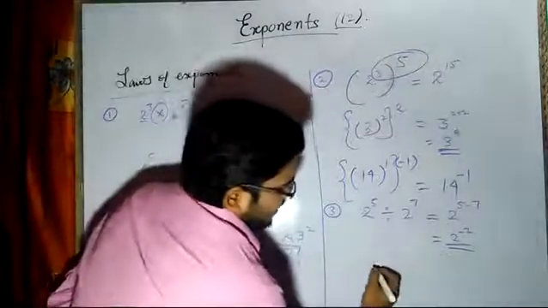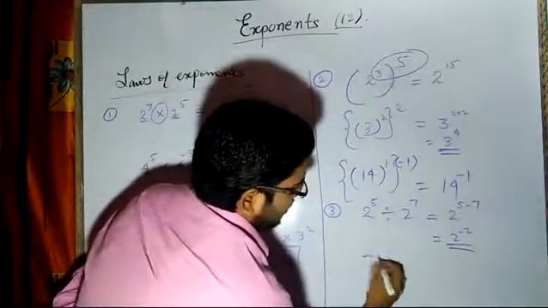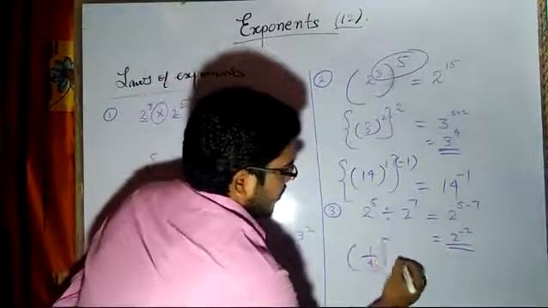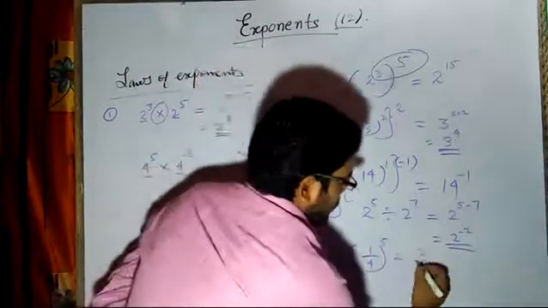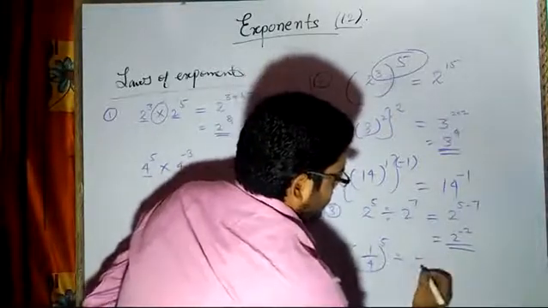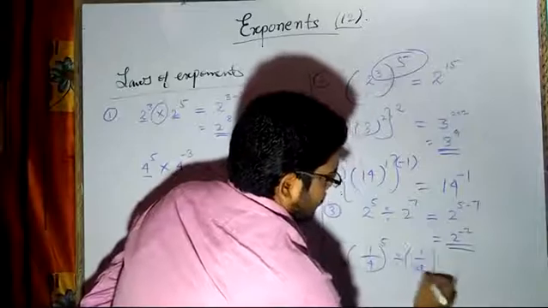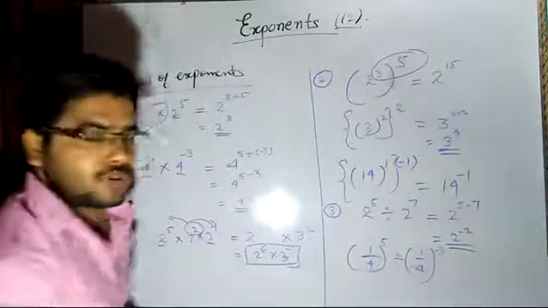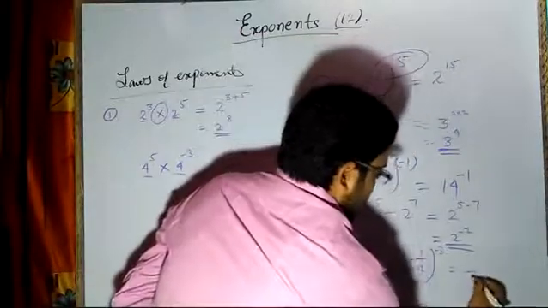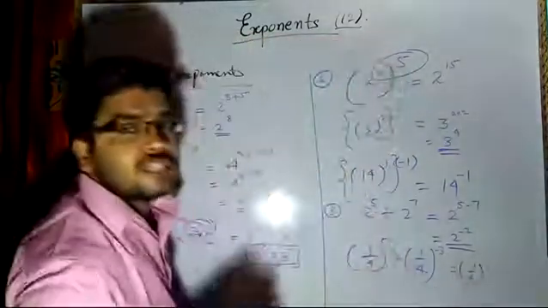Now for another example, I will write 1 by 4 raised to power 5 divided by 1 by 4 raised to power minus 3. Bases are the same, and I told you the powers will be subtracted.